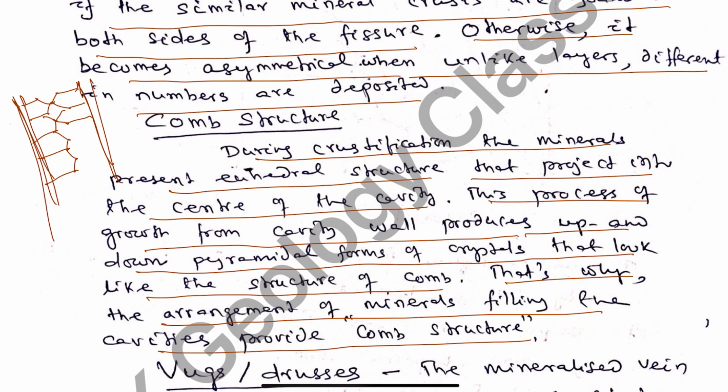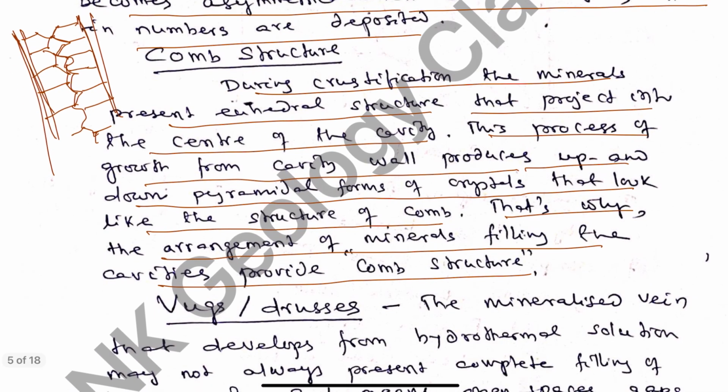This type of arrangement, here we see this type of arrangement is called the comb structure, because the pyramidal forms of crystals are found to project inwards into the cavity from the cavity wall.